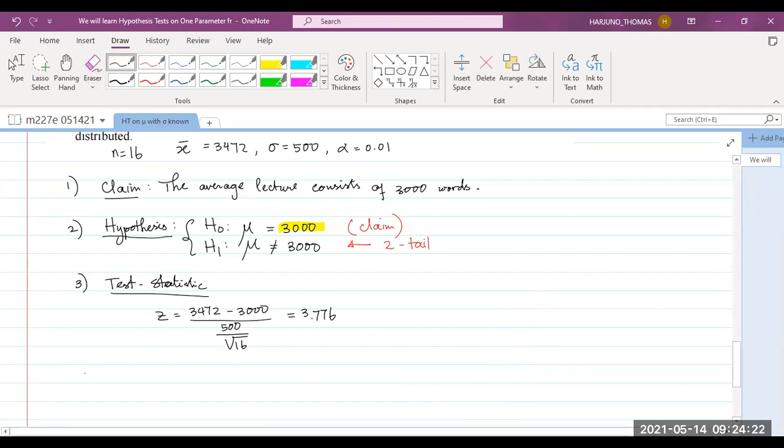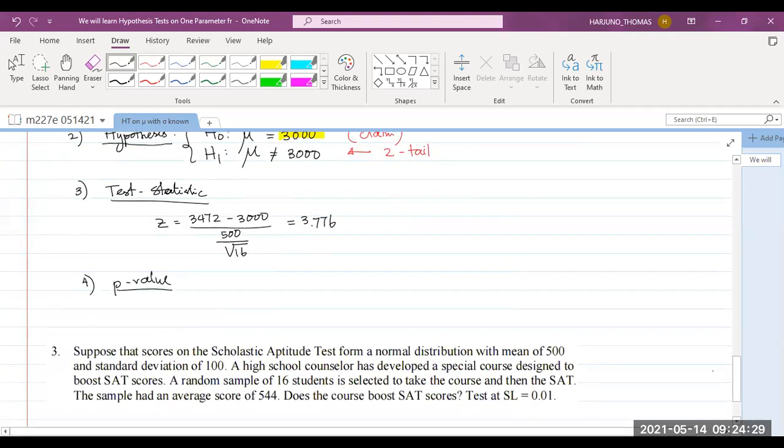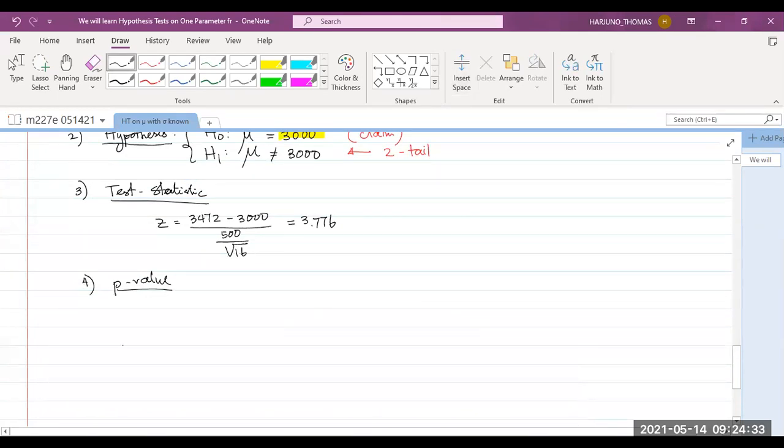So the p-value is the area to have test statistic 3.776 or more extreme, right? Now, this is a two-tailed test. When it is a two-tailed test, I need to double that p-value.